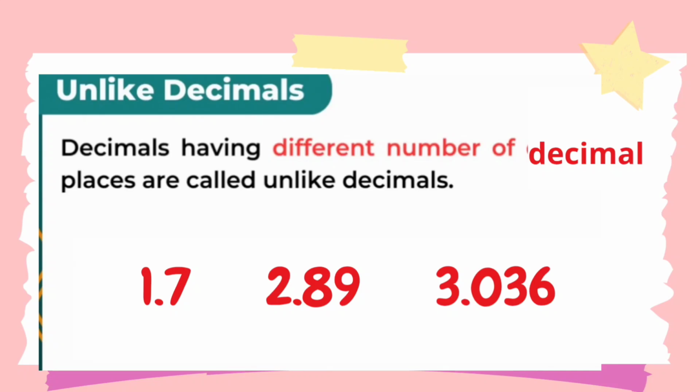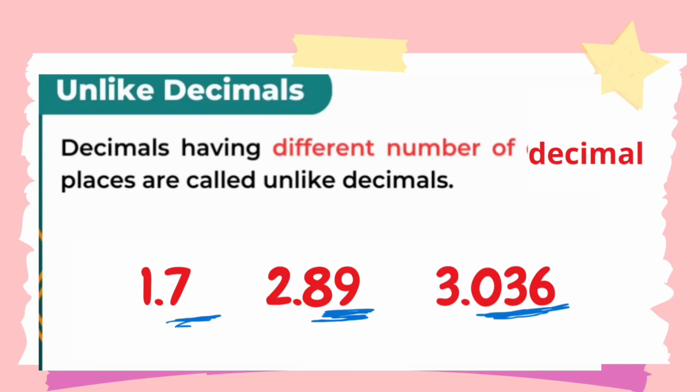Here in 1.7 there is one decimal place. In 2.89 there are two decimal places. And in 3.036 there are three decimal places. All the above decimal numbers have different decimal places. So these are unlike decimals.